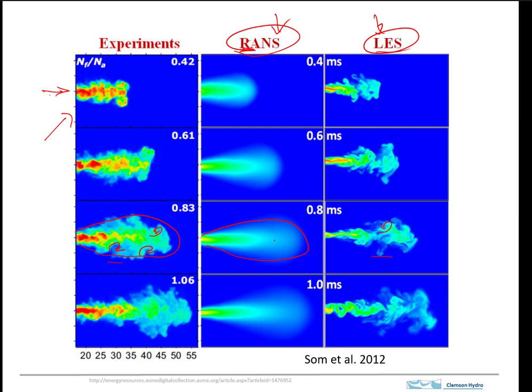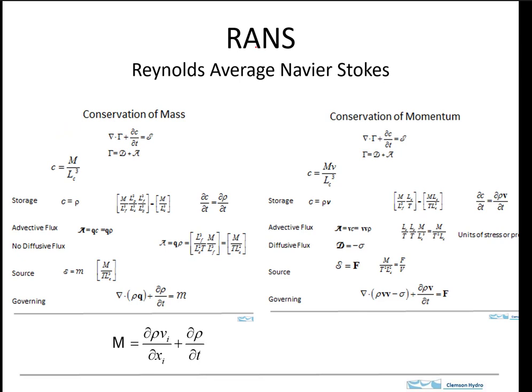Okay, so with that in mind, what we're going to do is go through the Navier-Stokes equations and derive them in such a way that we've included these fluctuations in the flow caused by these vortices or these turbulent eddies. We're going to start with the regular Navier-Stokes equations, where we've got conservation of mass and conservation of momentum.